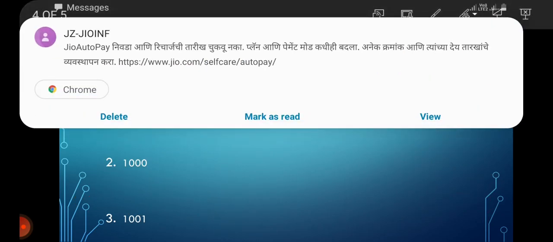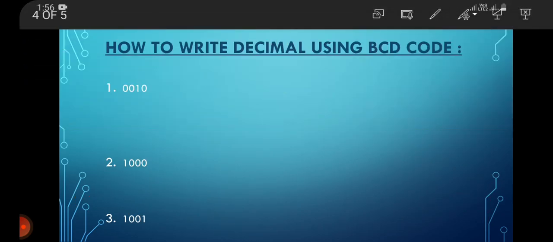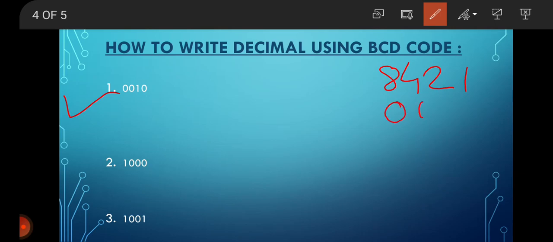Then how to write decimal using BCD code? So as we know, 8421, this is the BCD code. So here see, 0010 is our binary number. Put it simply here, 0010.